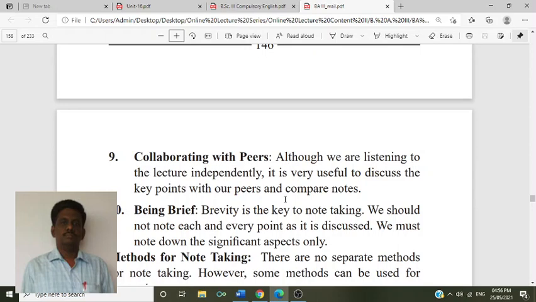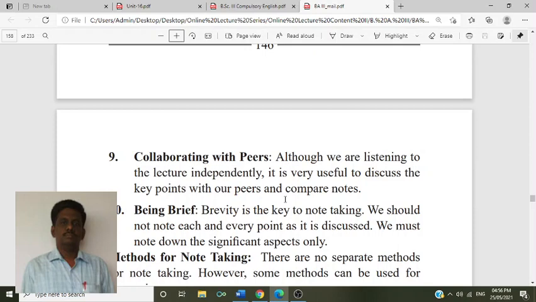When we compare notes, we may find that a few points we skipped have been noted by our peer, or many times the peer has skipped certain points and you have mentioned them. So you should compare the notes and make them perfect. Collaborating with peers is also very important. This is a practical tip for you.